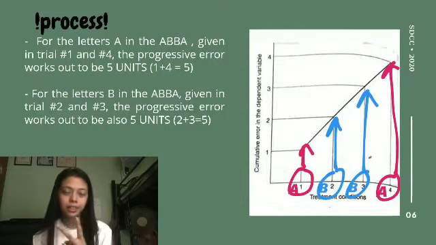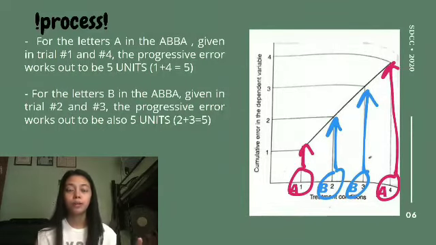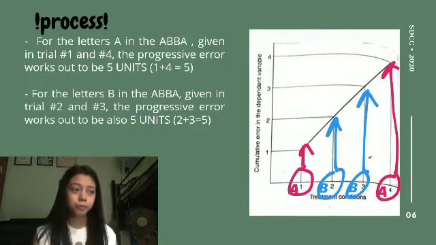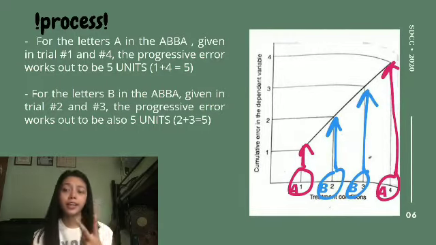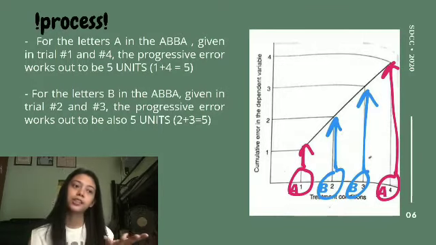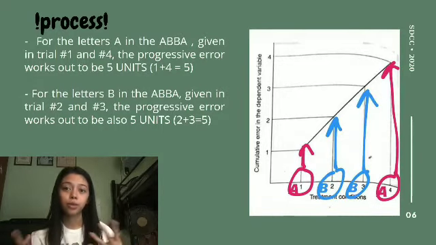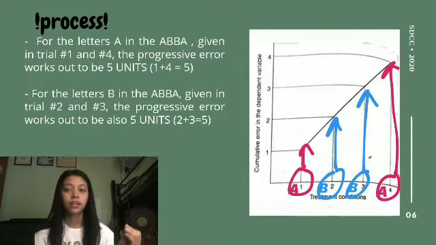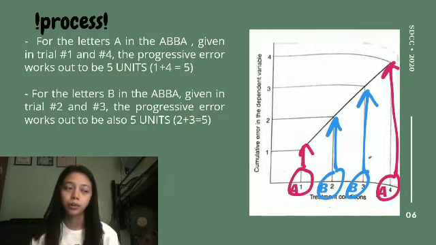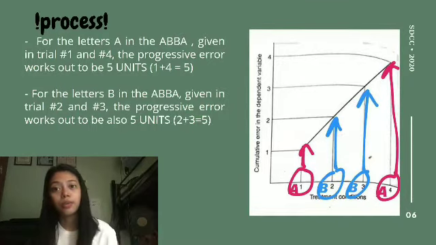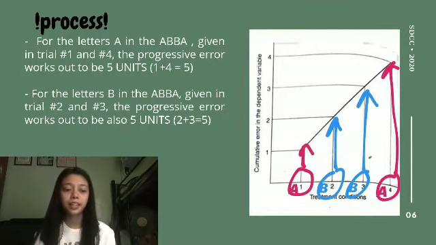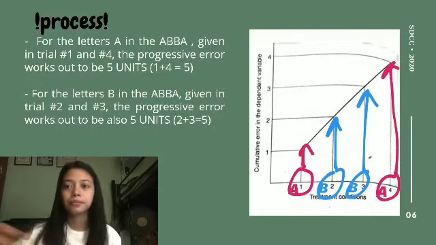For the two B's, Unit 2 plus Unit 3 equals 5. So the two A's equal 5, and the two B's equal 5. So it's equal. Again, reverse counterbalancing helps the progressive error to be distributed equally. So the experiment became equal by the reverse method.